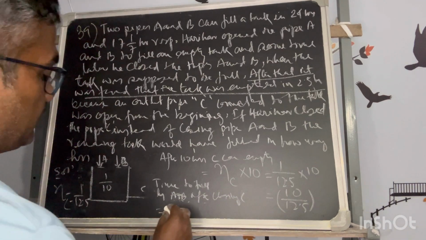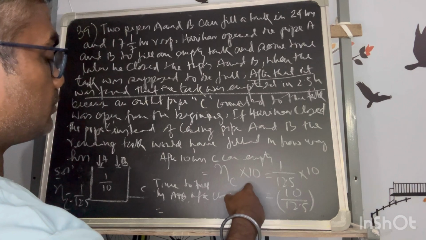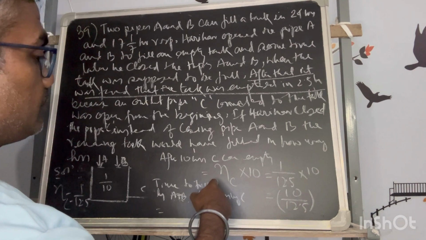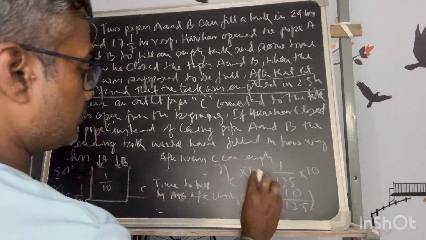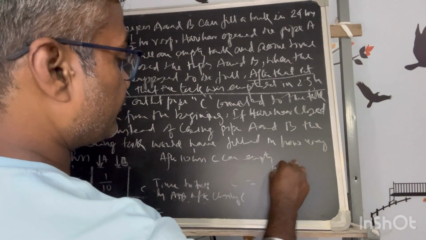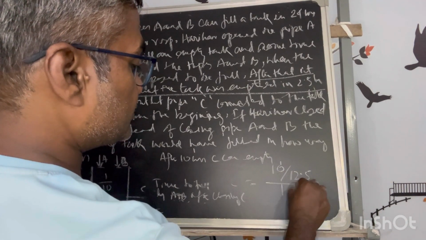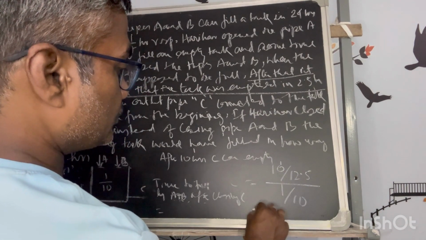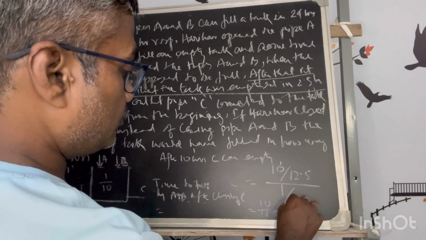So the time it will take is equal to, in 10 hours with efficiency 1 by 12.5, this much is emptied, yes, fine. So time will be how much? The fraction remaining over the efficiency. So this will be 10 upon 12.5 into 10.